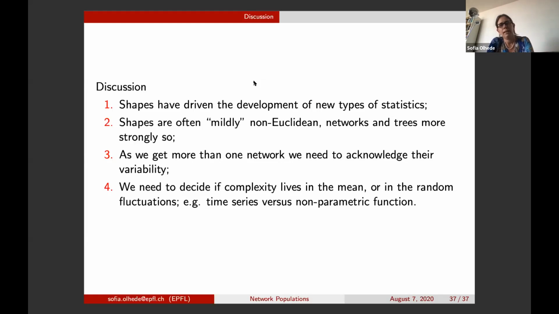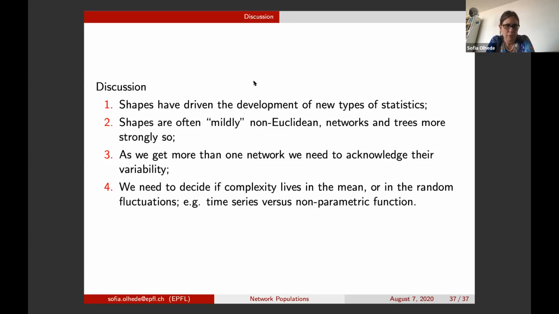But whether you're analyzing networks or trees, it's not so easy anymore because they're strongly non-Euclidean. It becomes more important in this setting to stay within the space of networks, because otherwise you might estimate things as something totally crazy, rather like a shape where the mouth didn't connect into one shape or something like that.